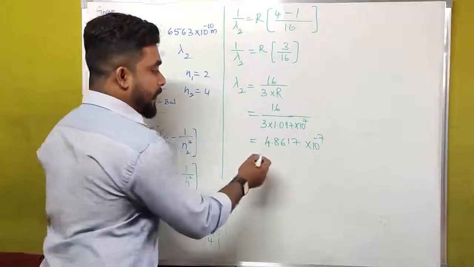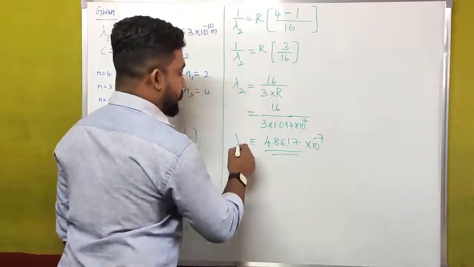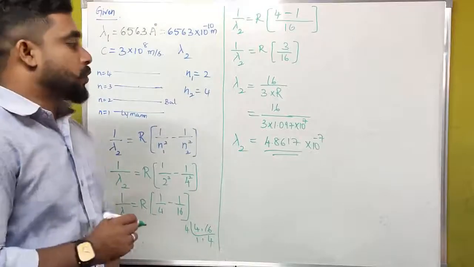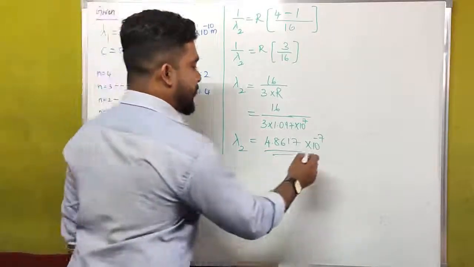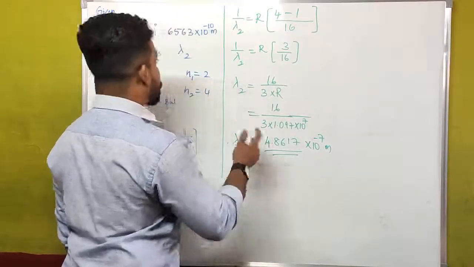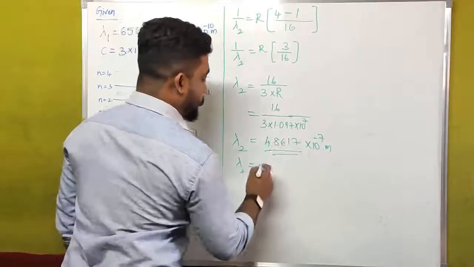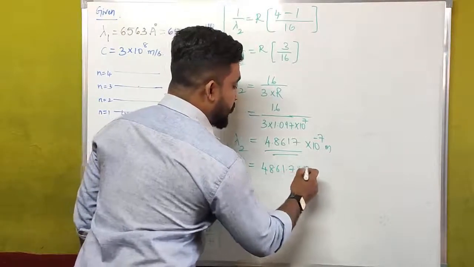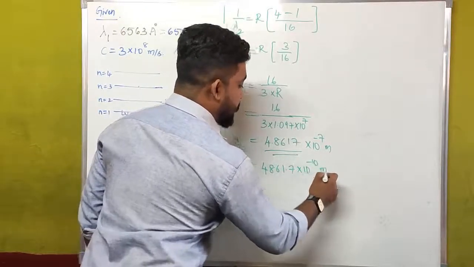Okay, this is the actual value of this thing. The wavelength lambda 2 is equal to 4.8617 into 10 to the power of minus 7 meter, or in terms of Angstrom, this is 4861.7 into 10 to the power of minus 10 meter.